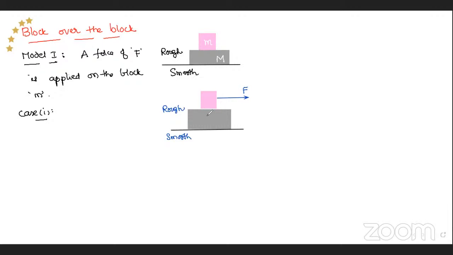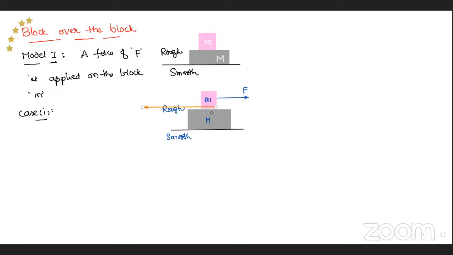If you observe here, Nana, this block small m, when force is applied, actually that block should move. But when it tries to slide over capital M, because of the roughness between the surfaces, immediately what happens, all of you know, friction acts on small m.